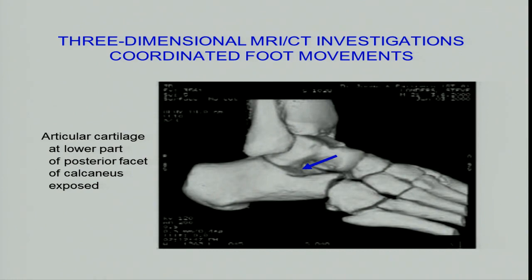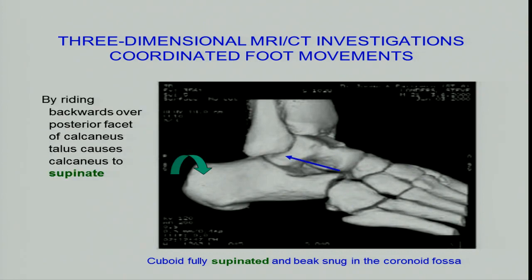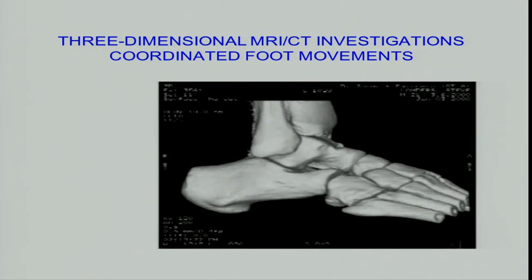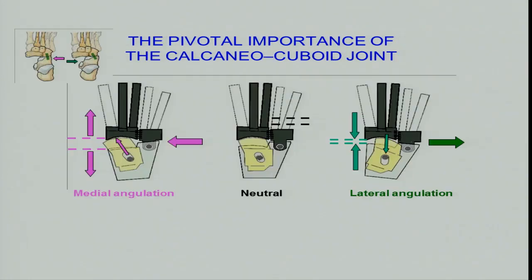And the talus doesn't supinate at all. Cuboid beak is in its little fossa. So we go back again, and everything is pronated, inward angulation, as on your left side. And the talus has slid forwards because the navicular has moved away from the calcaneus.